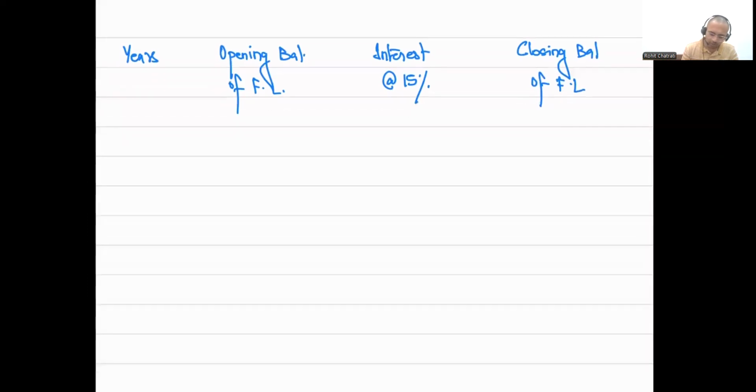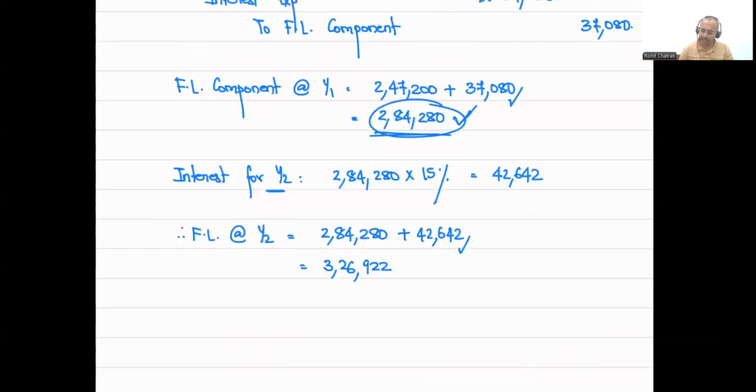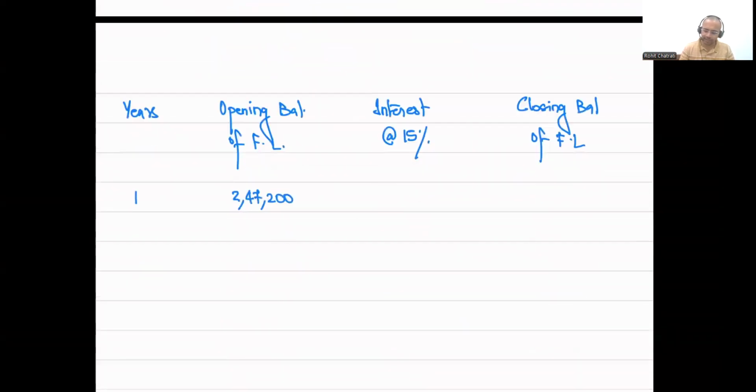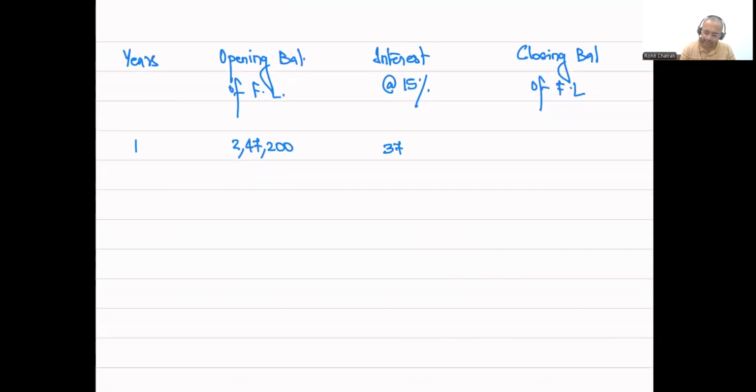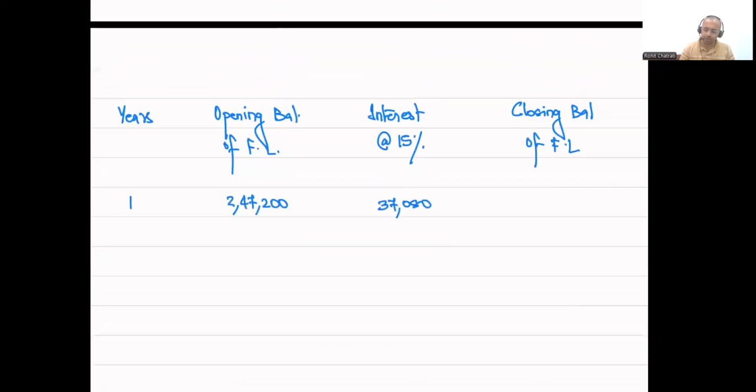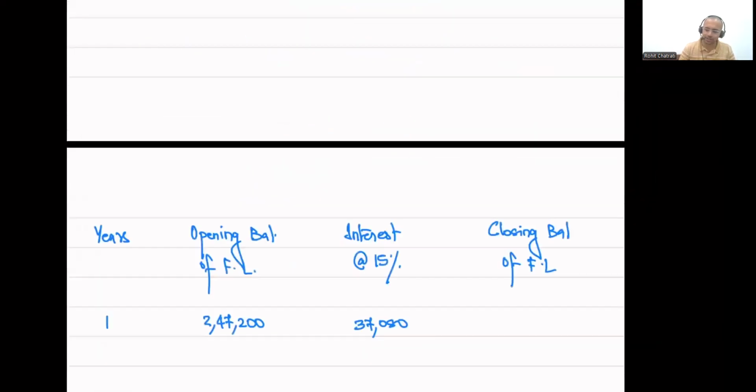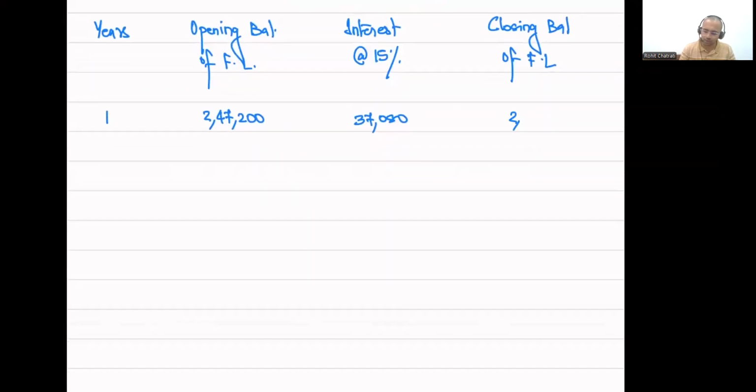In year one, I had a beginning balance of 2,47,200 on which I calculated interest at 15 percent, which was 37,080. Therefore, the closing balance of financial liability is 2,84,280.